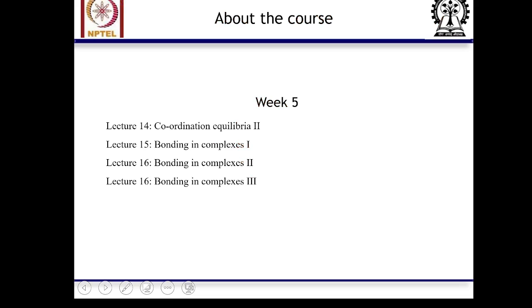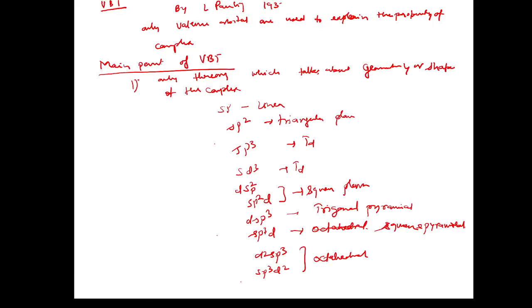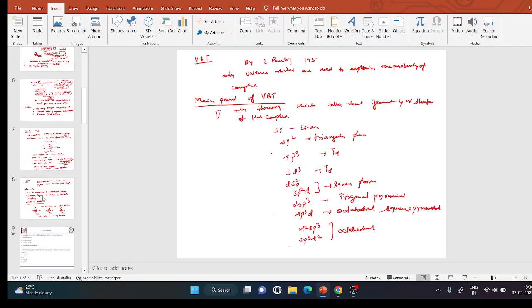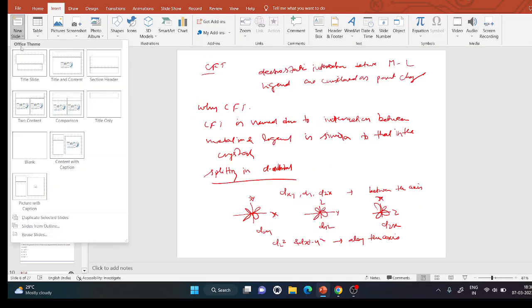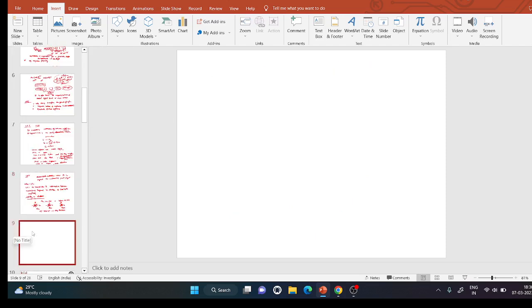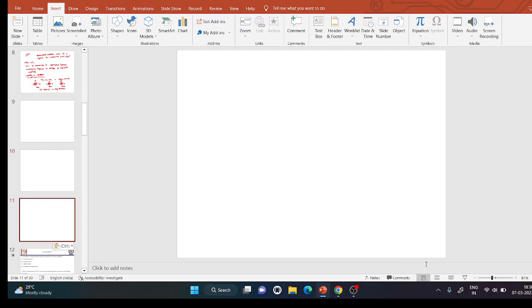I will introduce one more slide. Okay, so suppose x square, y square are along the axis.